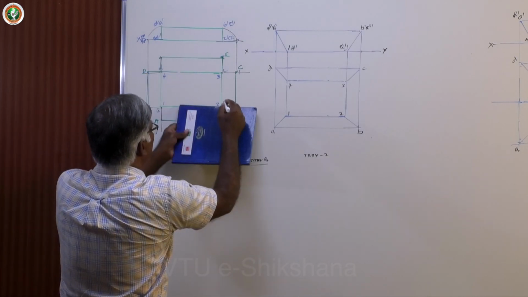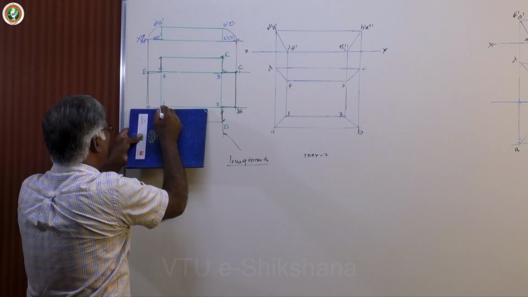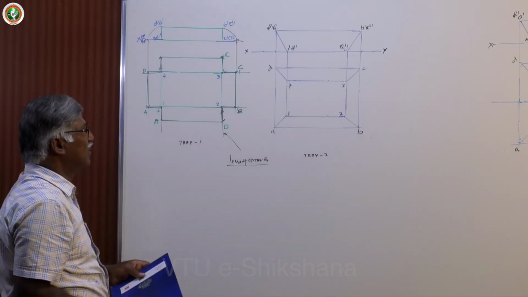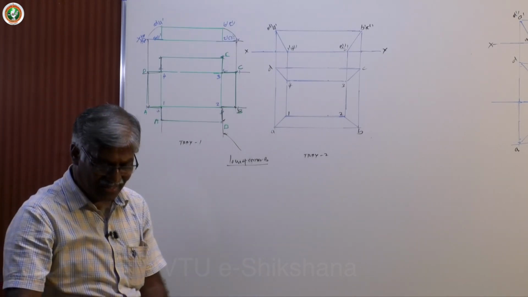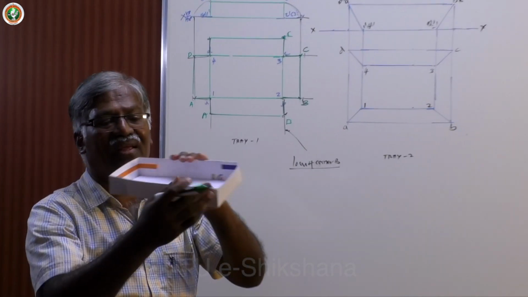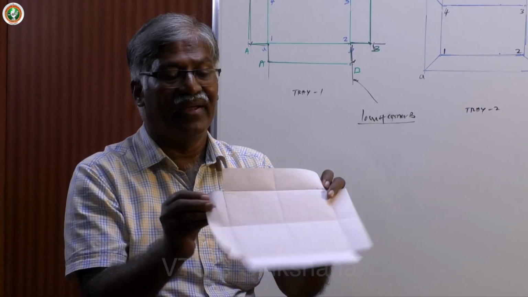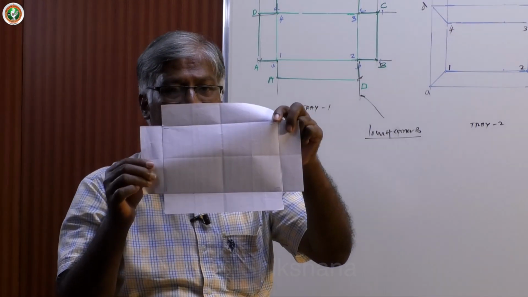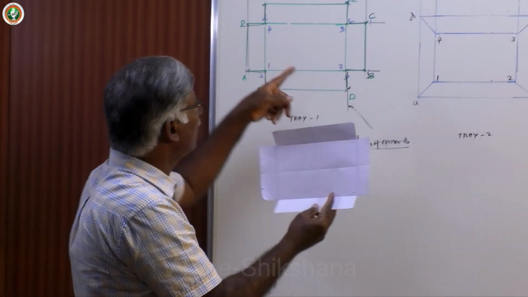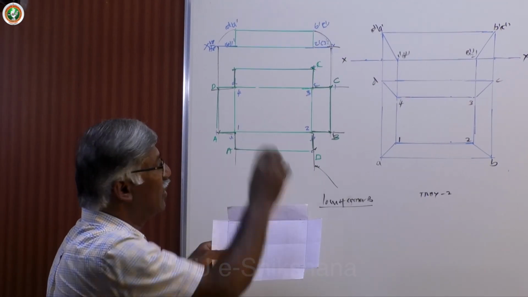Now if you close it, you will get all lateral surfaces vertical only, unlike other inclined tray. See this. This is the tray I have, all are vertical. So if I cut open and keep it, it will be like this. Same thing I have now. See, very simple. All these sides are equal.